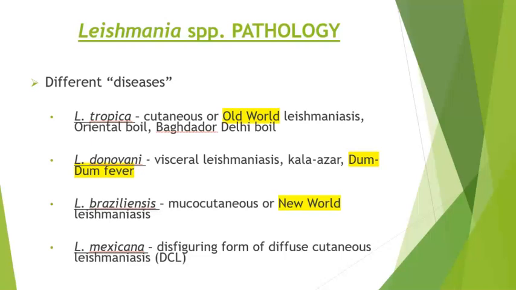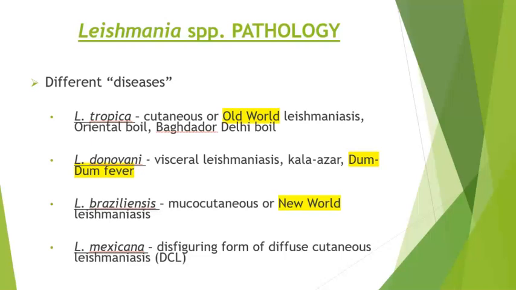There's some different species of leishmania that cause different diseases that we need to be aware of. There's Leishmania tropica, which is a cutaneous leishmania, and it causes Old World leishmaniasis. There's Leishmania donovani, which is a visceral leishmaniasis. You'll hear it referred to as dum-dum fever.